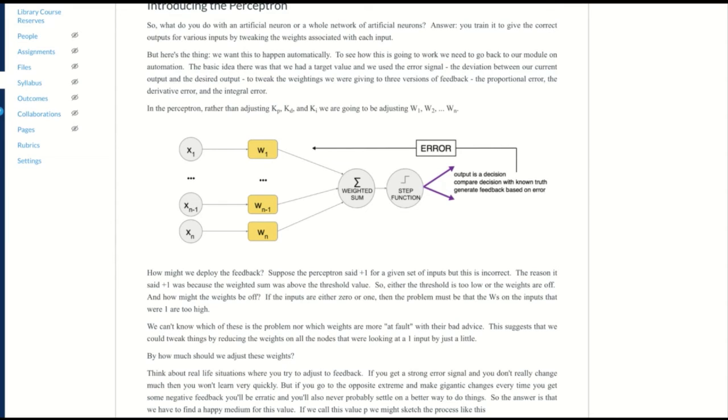And in the case of automation, like when we're trying to fly our drone, the correct answer was to search for a set of coefficients, a K sub p, a K sub i, and a K sub d, that would cause the drone to fly in a nice, even manner.